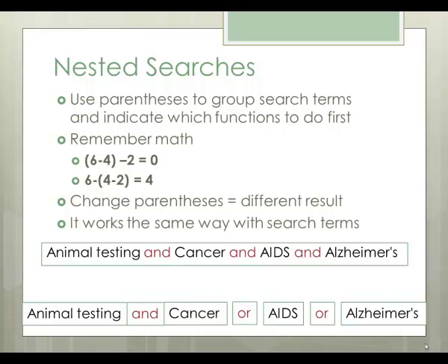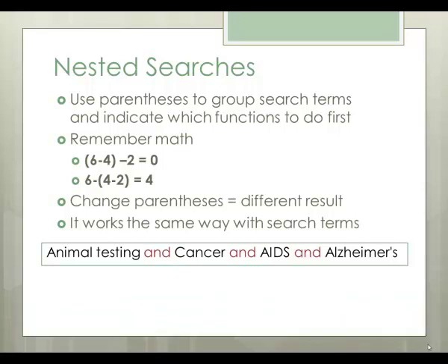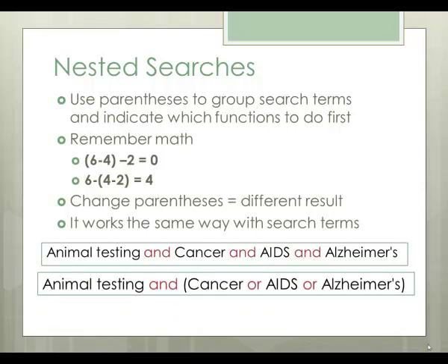It will find articles with at least one of these search terms in them. In order for the computer to make clear sense of this, you would enclose the diseases within parentheses. That way, like in math, the computer knows how to find all articles with any of these diseases in them, and then only include the ones that deal with animal testing.